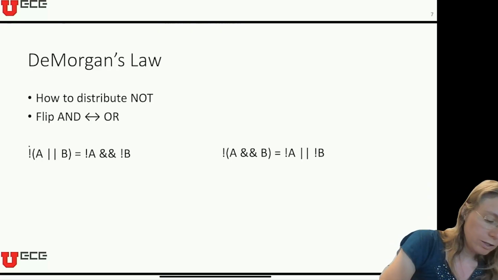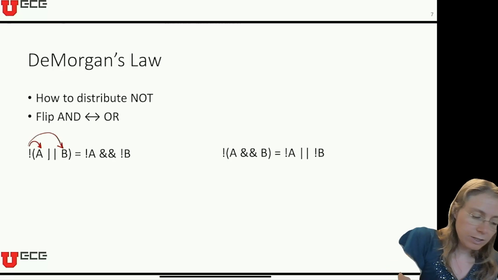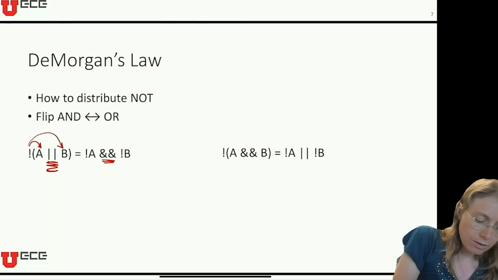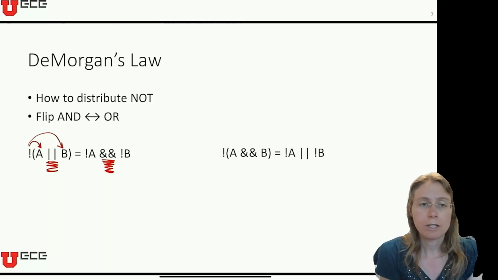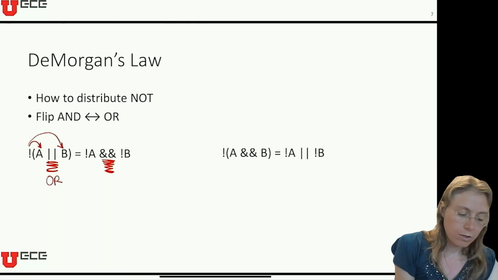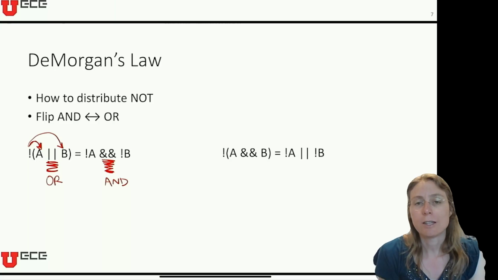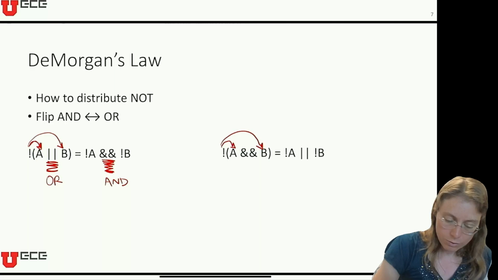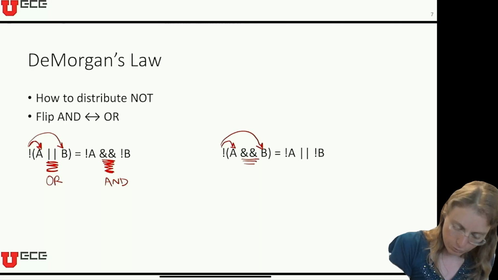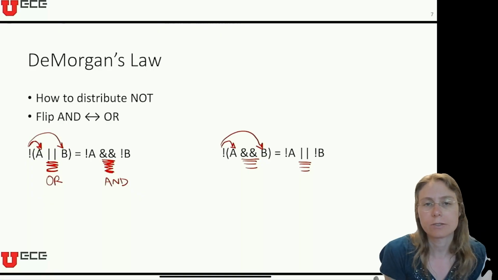So if I want to distribute in this NOT onto each of these, then that means the logic function had to change from OR to AND when I pulled the NOT inside the parentheses. So let's see that again over here. I pulled the NOT in onto each of those A's and B's individually, and in the process of doing that, I changed AND to OR. So it goes both directions.